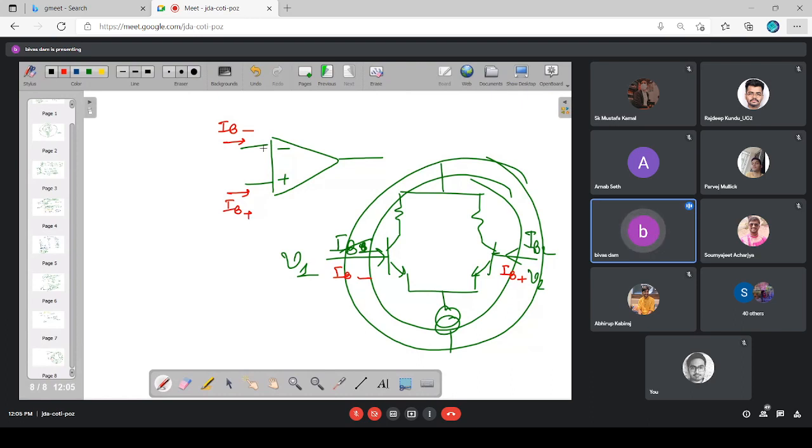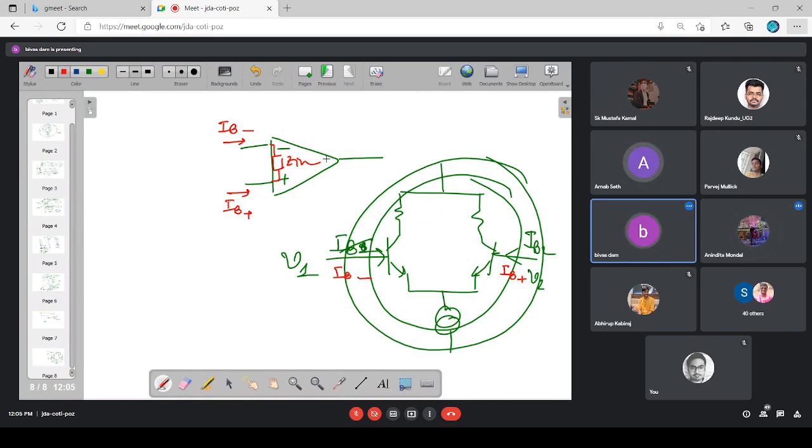Now, between this inverting and non-inverting input terminal, I have the input impedance. Is it not? Now, what is the value of this input impedance ideally? Infinite. So, what should be the ideal values of IB minus and IB plus?